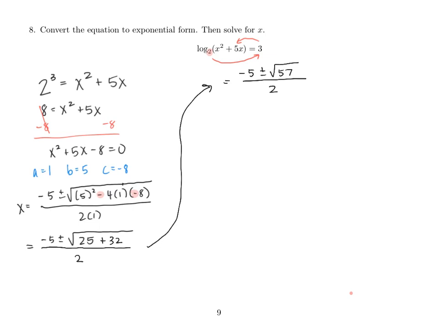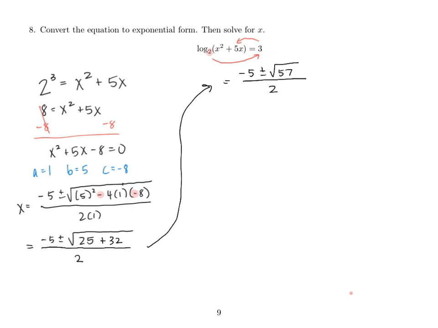these will work. Whenever you are solving an equation with a log, you want to make sure that you're taking the log of a positive number. And so we want to make sure that both of these are positive numbers. So what you want to do is use your calculator to estimate this. So we have -5 plus the square root of 57.